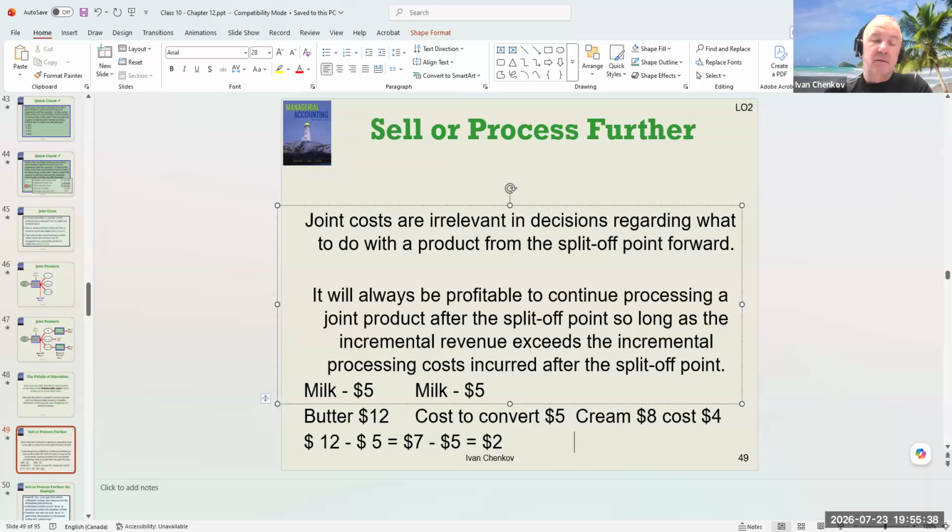With the cream only, how much additional am I going to generate? 8 minus 5, I'm going to generate $3 additional. But it's going to cost me $4 to produce it. So in this case it's not going to be profit. I'm actually losing money. And how much am I losing? I'm losing exactly $1.